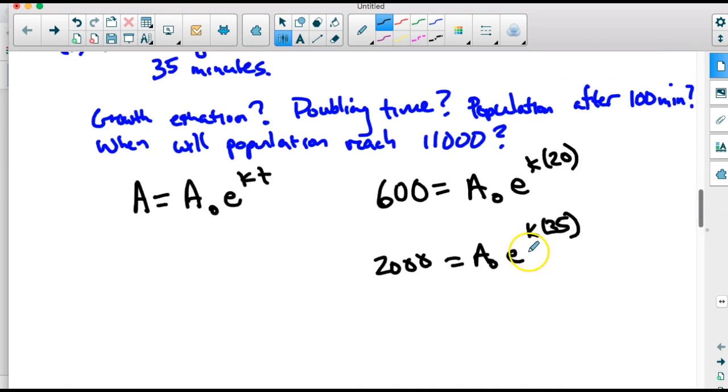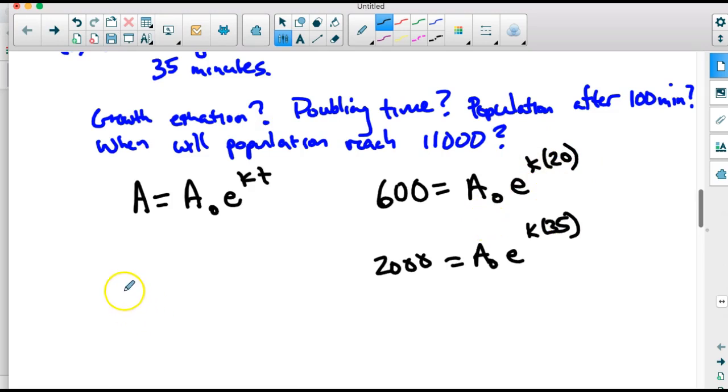Now what might be easier than doing that would be just to divide these two equations, because they have the exact same things on this side. If we know they're equal and we're dividing 2,000 by 600, we can divide both sides. The exponent property in division is just to subtract the exponents, right?